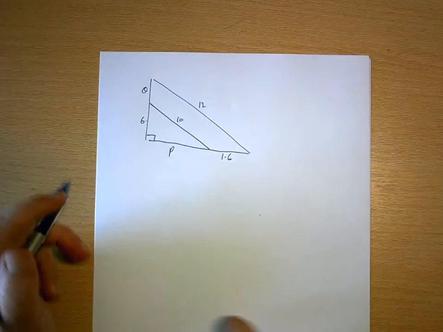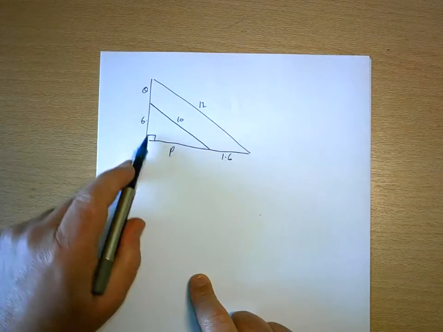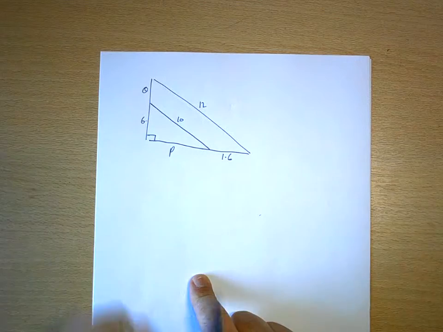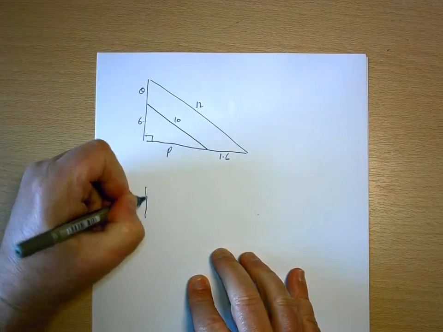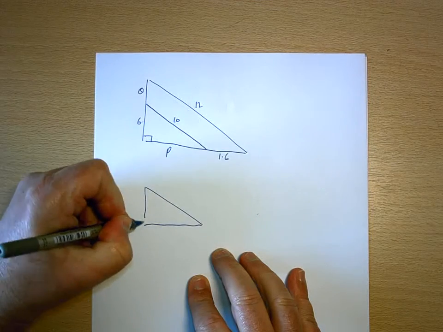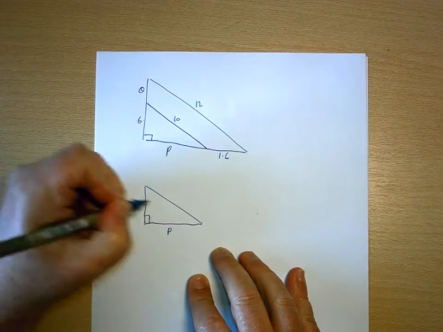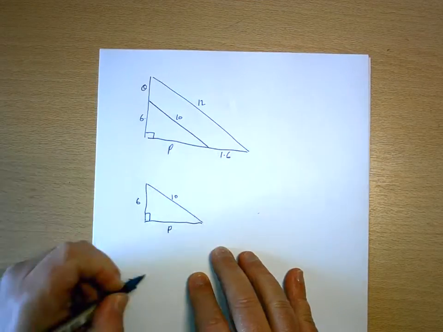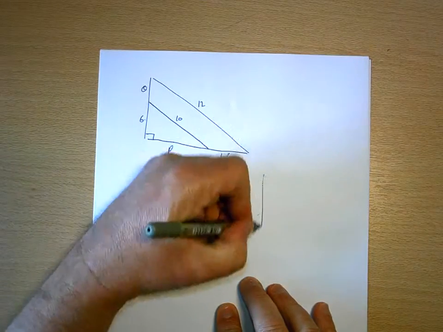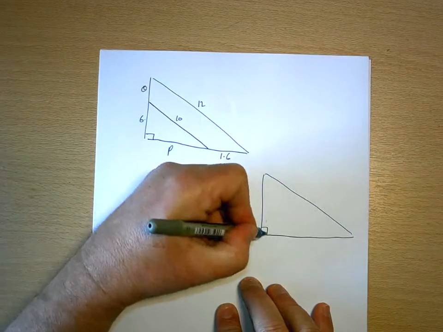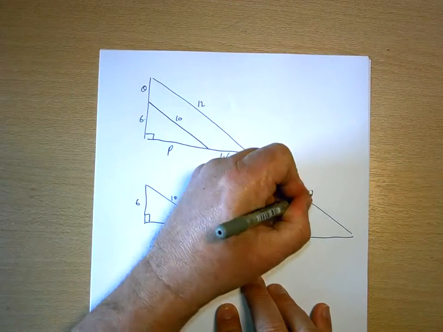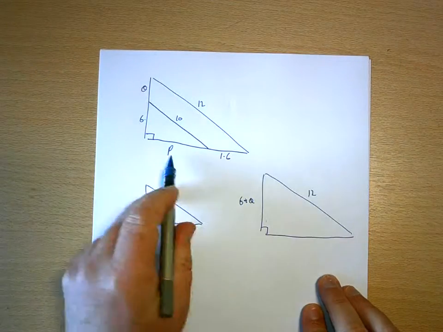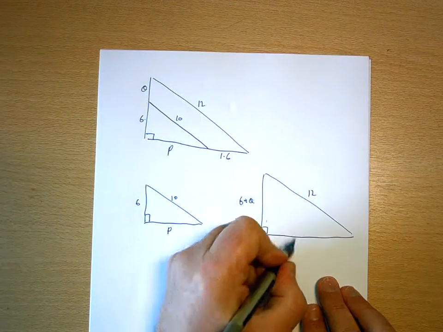And the third one, it's an easier one to work out the triangles because they're all corresponding with each other. That one's a smaller version of that. So if I take that small one out, I have P, 10, 6, and then the larger one will be 6 plus Q, 12, and P plus 1.6.